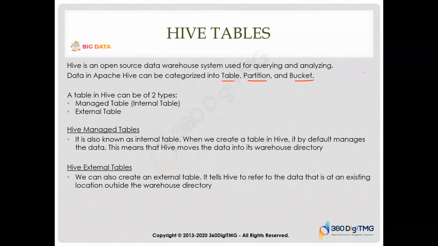One bucket might have multiple partitions, or you can say a partition is basically having multiple buckets. You can talk about that as well. And one table can be partitioned into multiple subtables. Okay, this is how we have the data segregated in Apache Hive: tables, partitions, and buckets.